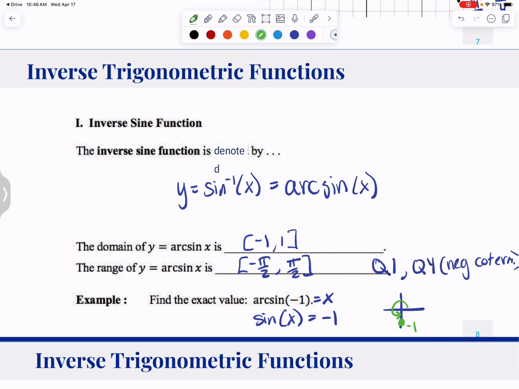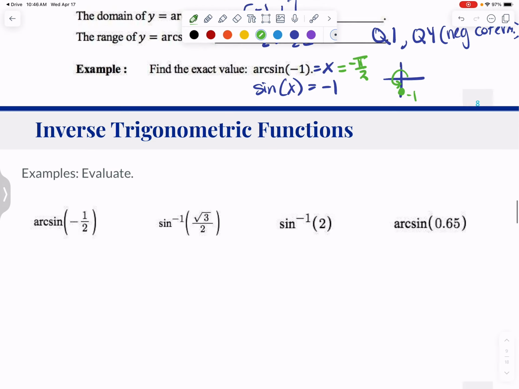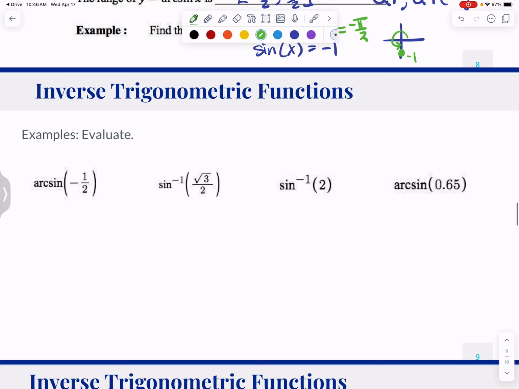But if we're thinking about the inverse function, remember that 3 pi over 2 is outside of this default range. So instead of 3 pi over 2, we're going to do negative pi over 2. And I think I misspoke. Instead of doing 3 pi over 2, we're doing negative pi over 2 because that's the default range of the inverse.